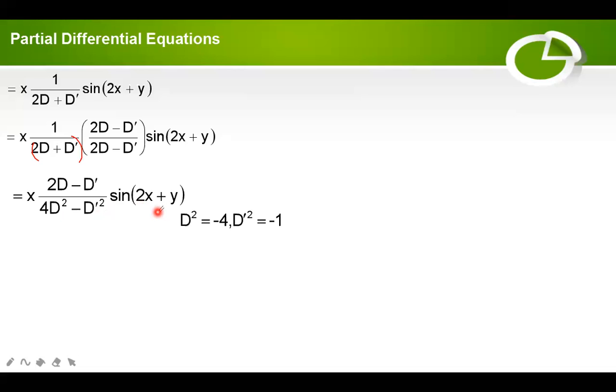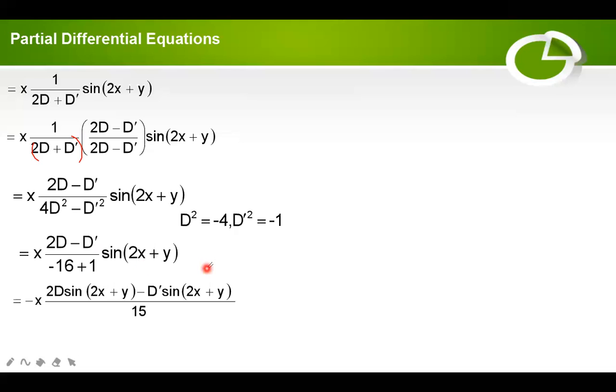So 4 into minus 4 is minus 16, minus into minus plus 1. And in the numerator, 2D into sin(2x plus y) minus D dash into sin(2x plus y). So here we will get x upon (minus 16 plus 1), 15, into 2D sin(2x plus y) minus D dash sin(2x plus y).